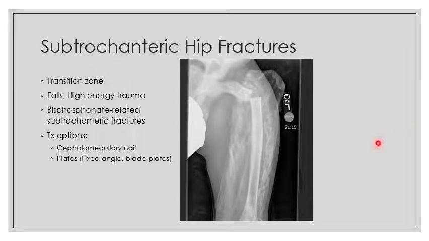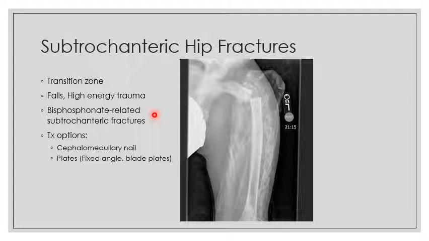Subtrochanteric hip fractures, particular is the area where it happens. It's a transition zone between cancellous bone and cortical bone. So it's actually a weak spot. So it actually fractures in high energy trauma.